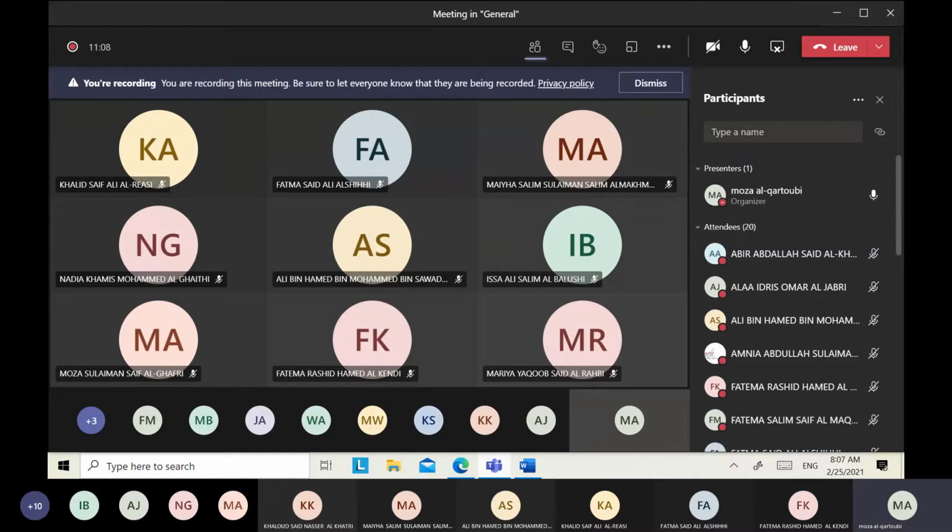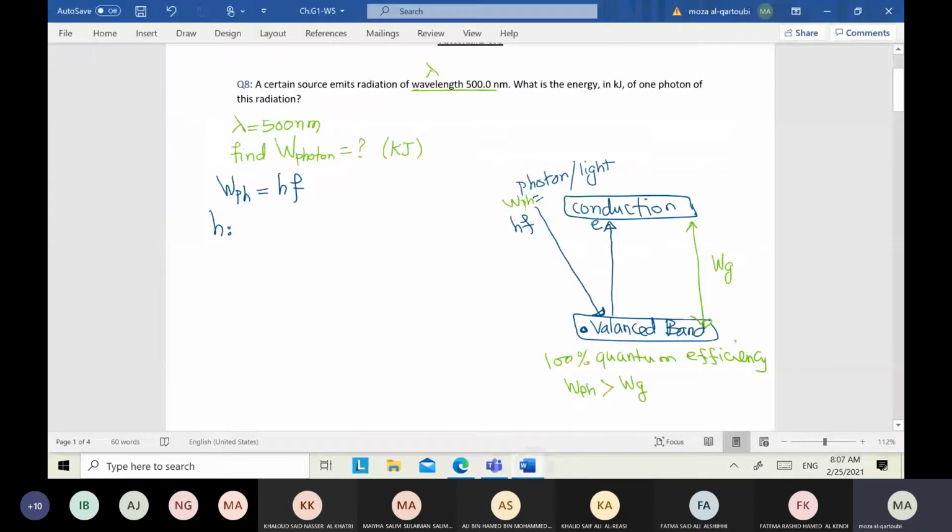H is called Planck's constant, where Planck's constant equals 6.62 times 10 power minus 34 joule second. This is constant. And F is the frequency. How to find the frequency? It depends on the given light.